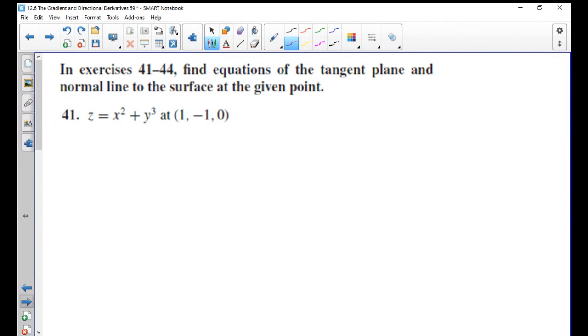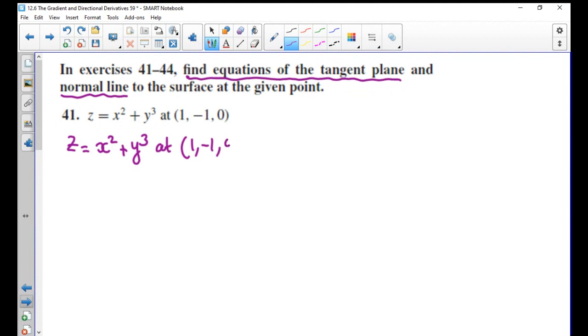All right. Now, maybe the last question here is an example of finding the equation of the tangent plane and also the normal line to the surface at the given point. So we have z equals x squared plus y cubed at the point (1, -1, 0).